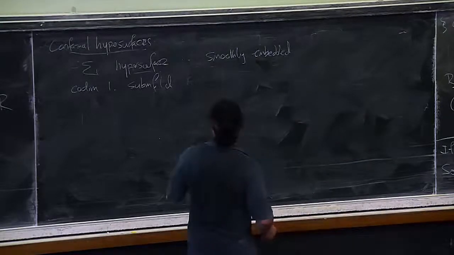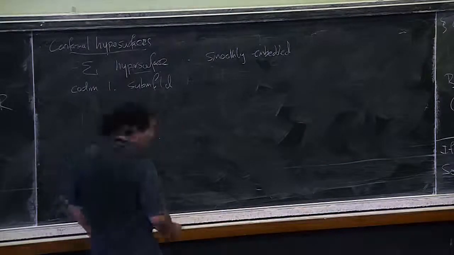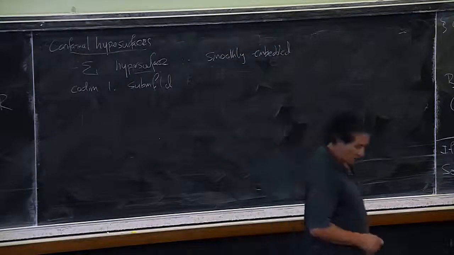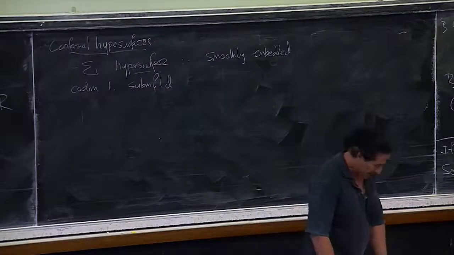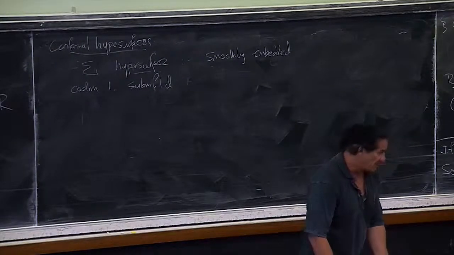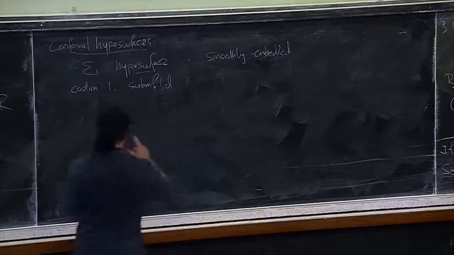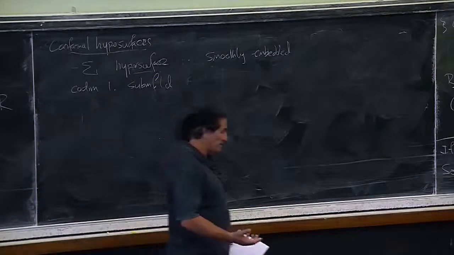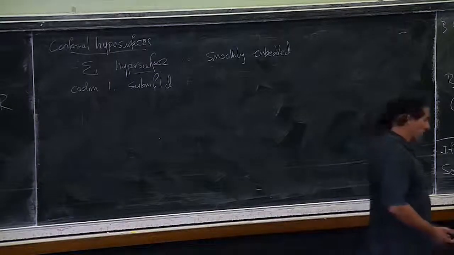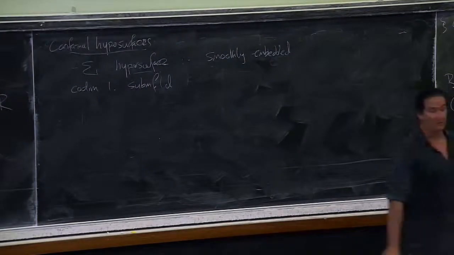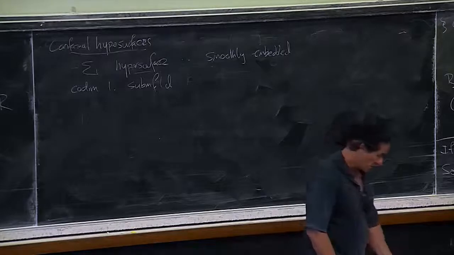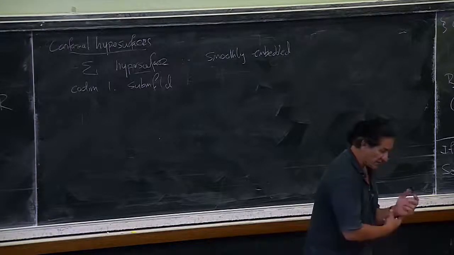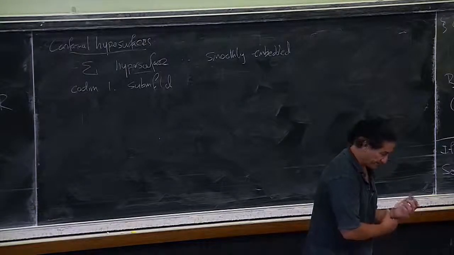So if you have a conformal manifold and you have a hypersurface in a conformal manifold, what gives? What do you get? Now this is why I want to treat it separately: it's also of independent interest even in GR, because this can apply, for instance, to Cauchy hypersurfaces or whatever. So there are many situations where you might want to look at hypersurfaces.